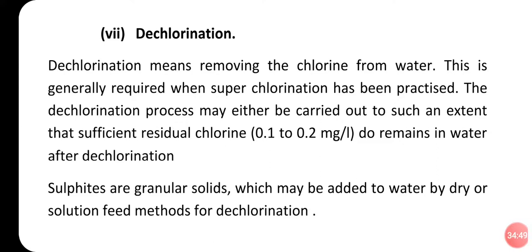The dechlorination process may be carried out to such an extent that sufficient residual chlorine, that is 0.1 to 0.2 milligram per liter, remains in the water after dechlorination. So dechlorination means we should not remove all the chlorine. There should be some free chlorine available in the water. That is called dechlorination.